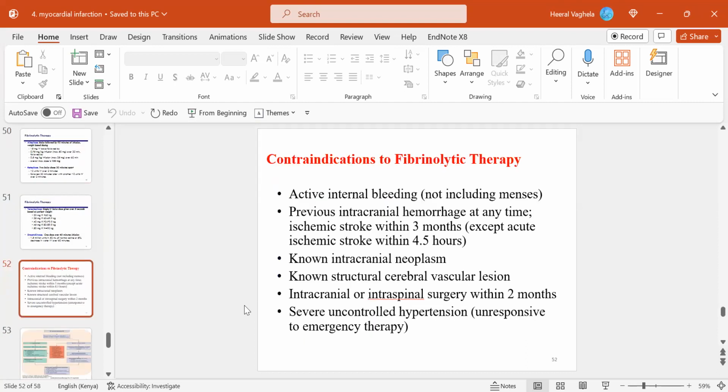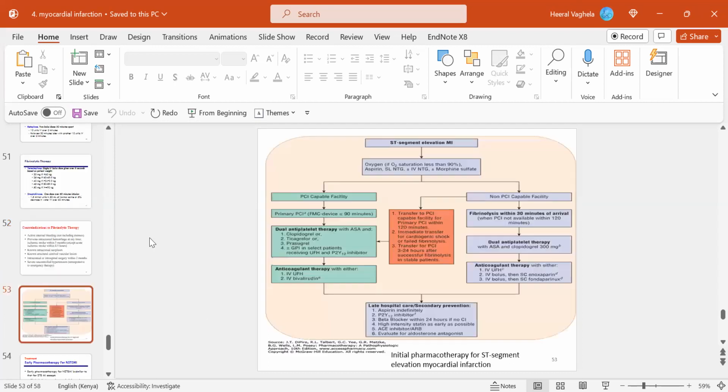But if the patient has any of these, then fibrinolytic therapy should not be given. If there is active internal bleeding or intracranial hemorrhage, because we know that fibrinolytic therapy will increase the risk of bleeding, or if there is uncontrolled hypertension, then you don't give fibrinolytic therapy.